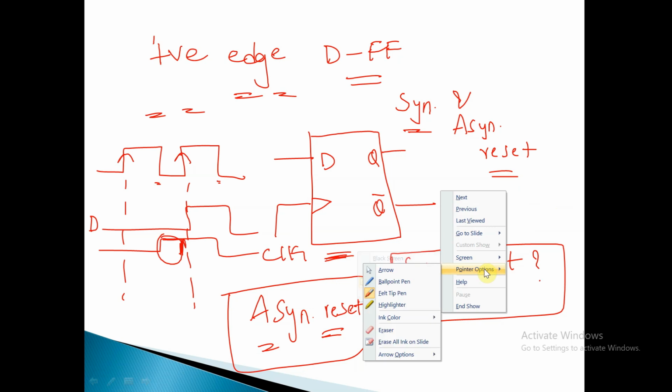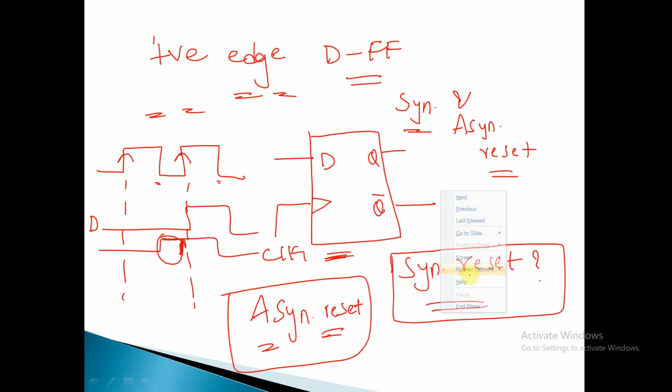For asynchronous reset, will it reset at that instant or after a clock pulse? That is a propagation delay, and all those concepts will come into the picture.